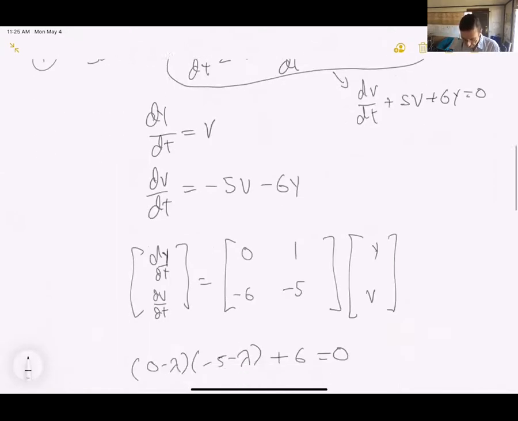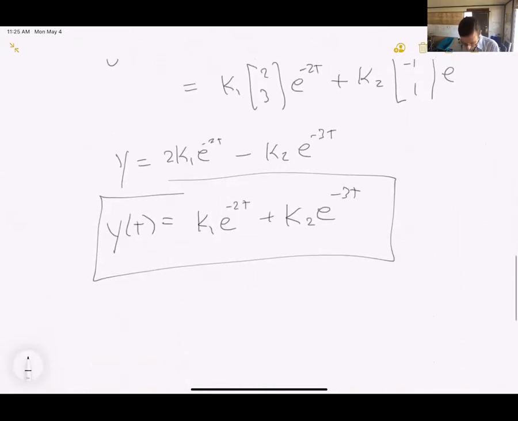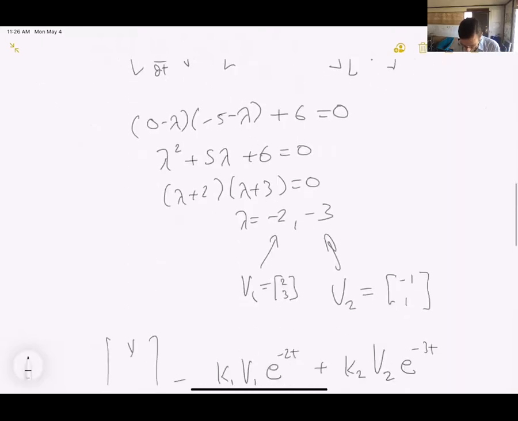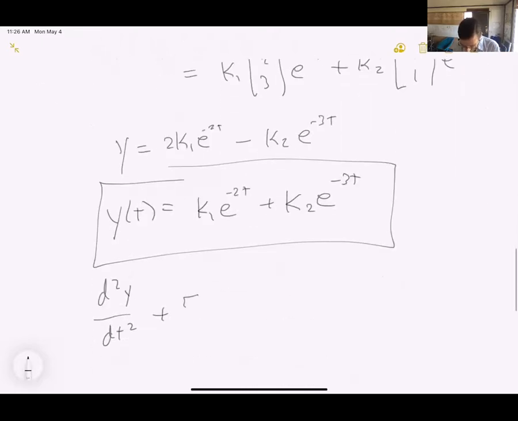So again, we've got d squared y dt squared plus 5 dy dt plus 6y equals e to the -2t.